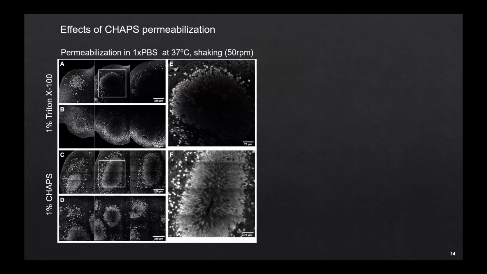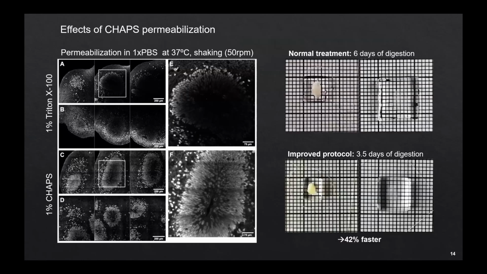You not only get that benefit in terms of labeling, but also later when you treat the sample: the digestion is usually faster when you also use a good permeabilization beforehand. It's about 40% faster than with the normal protocol.